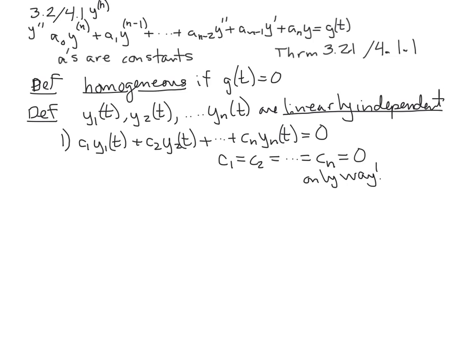The reason I stress the only way is that if all of these constants are 0, then we've got 0 plus 0 plus 0, which is equal to 0. So zeros always work, but if it's the only thing that works, then it's linearly independent. So you kind of have to search for other constants that would make it 0. And then the other way that we can do this is with a Wronskian, and I'm going to have to define that for you as well.